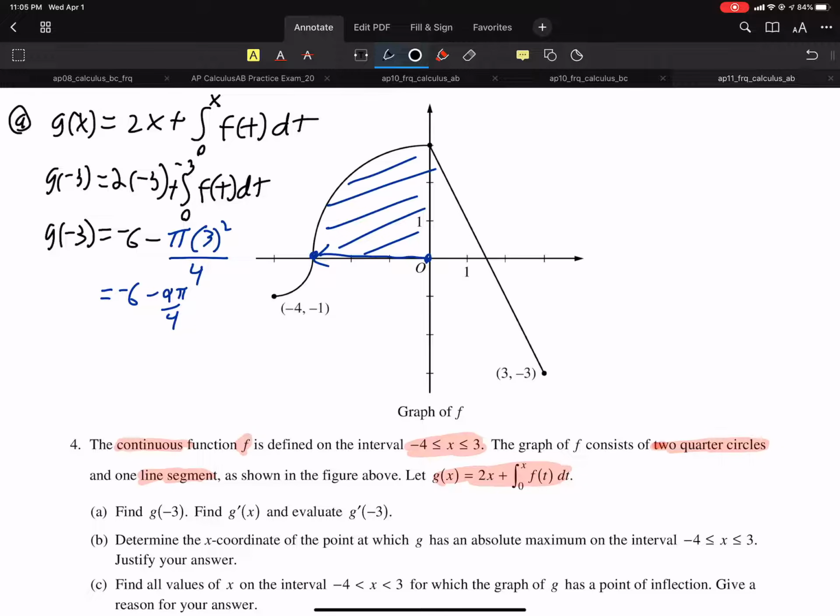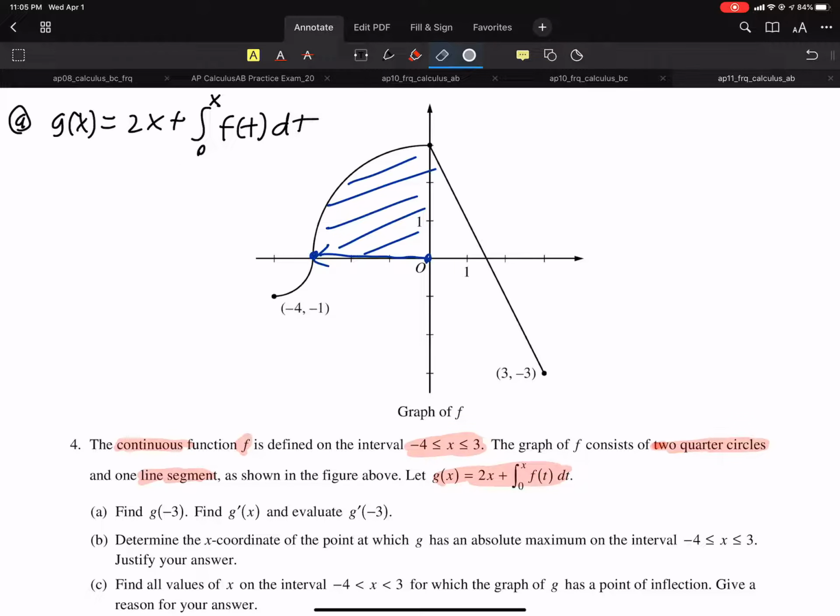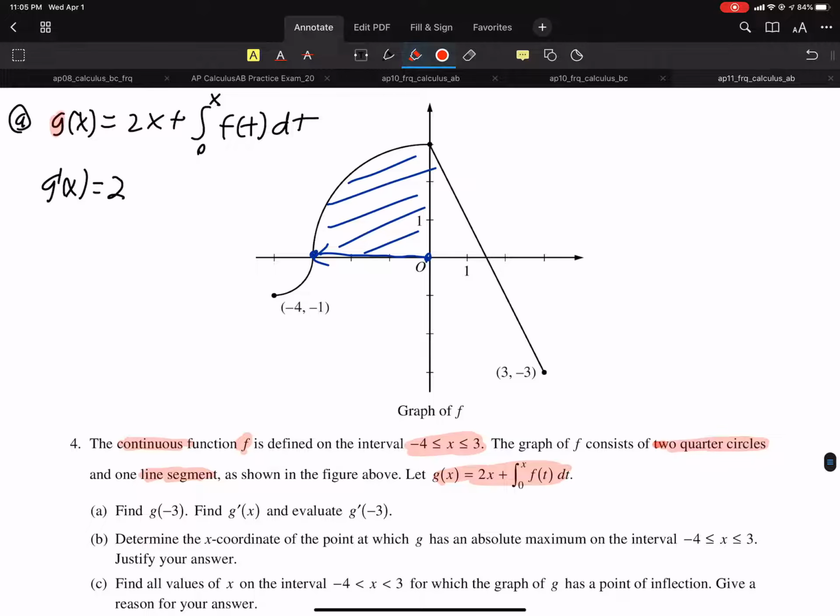But we should read the question. You might fail to answer the question completely if you don't. So we found g of negative 3. But now we're asked to find g prime of x. So the derivative of 2x quite easily is 2. And here is what we have to see. Our function's g and our variable's x.